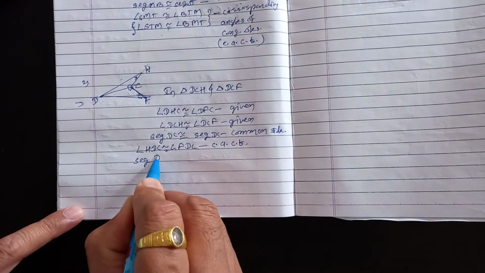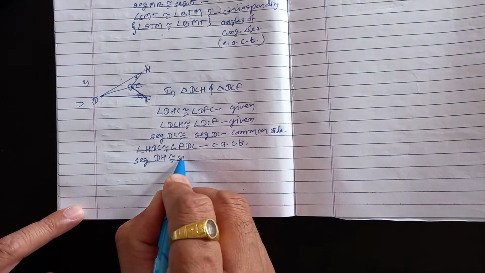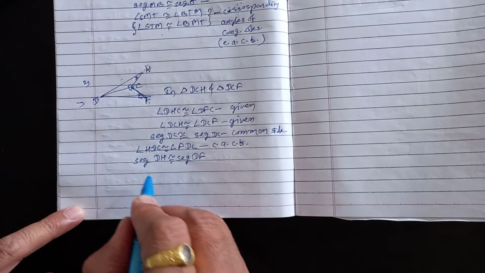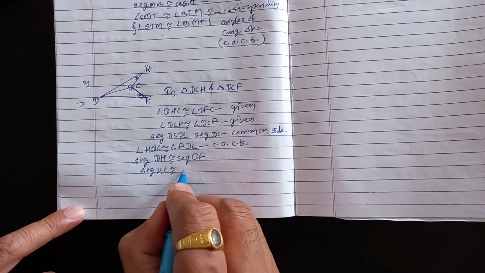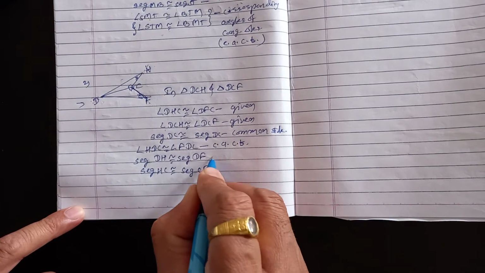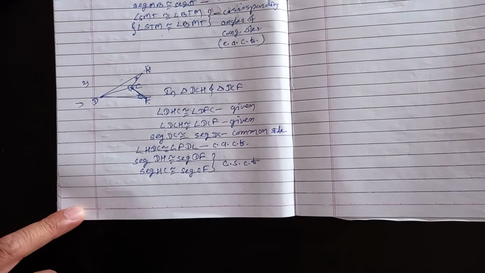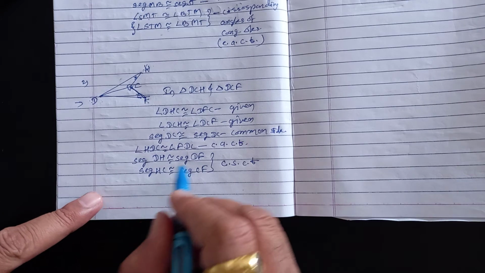Segment DH is congruent to segment DF, and segment HC is congruent to segment CF. For both, what is the reason? Corresponding sides of congruent triangles. Okay.